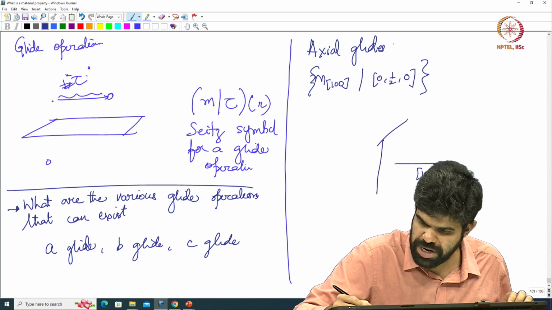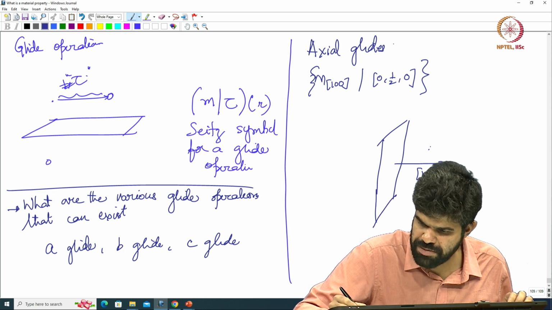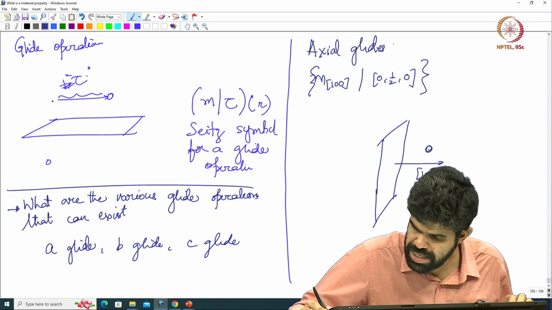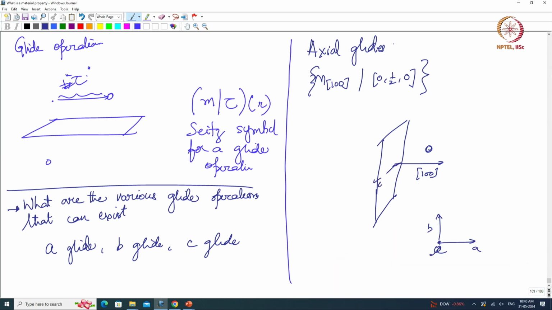So, I have a mirror plane which is like this, right. So, this is A, this is B, and out of plane is C, right. So this axis here will be the C axis, and this is the B axis. Okay. So this is the 1 0 0.